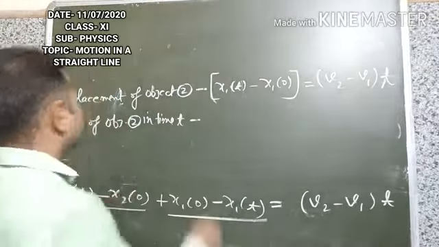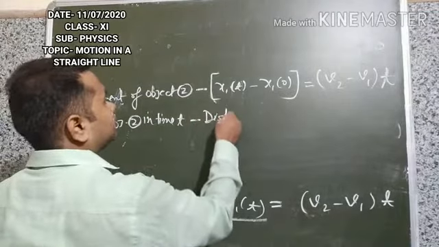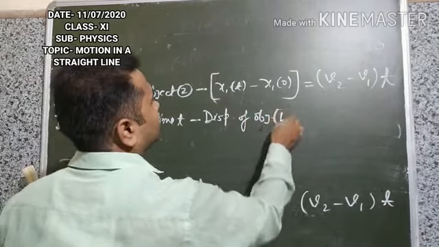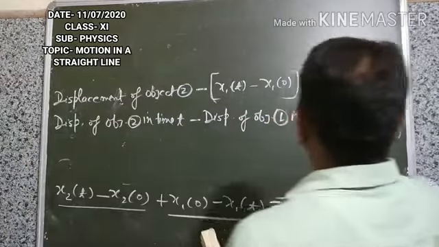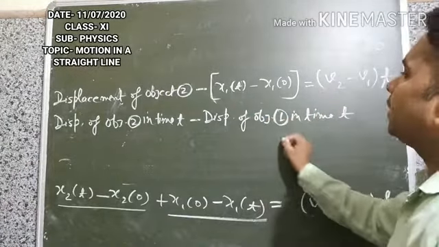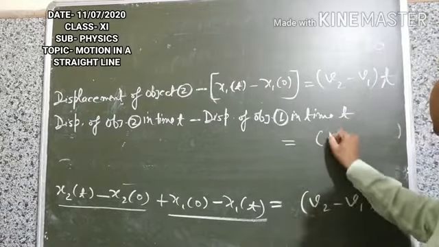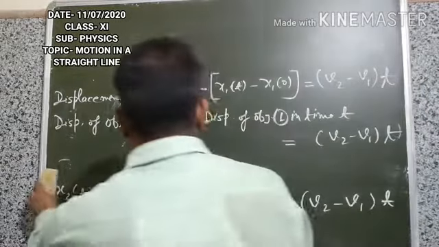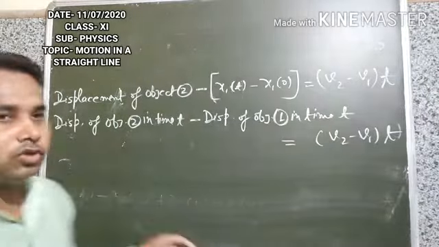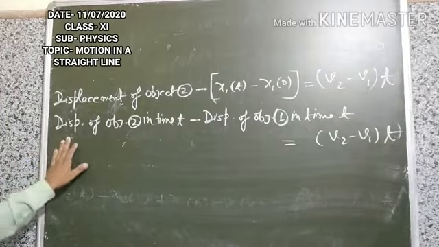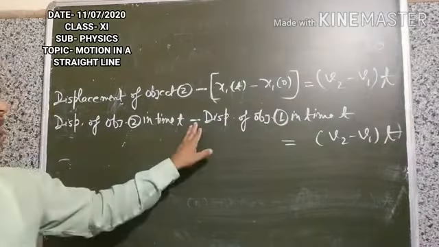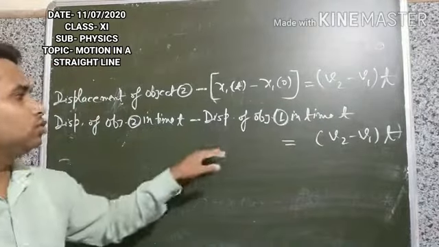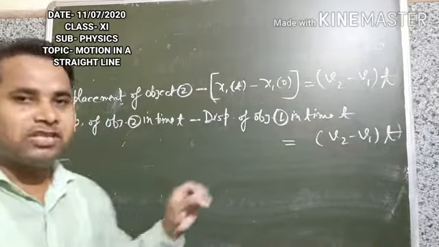It is also the displacement of object 1 in time t, which is equal to v2 minus v1 into t. Now see here, displacement of object 2 in time t minus displacement of object 1 in time t. The difference of these two will give you the relative displacement.